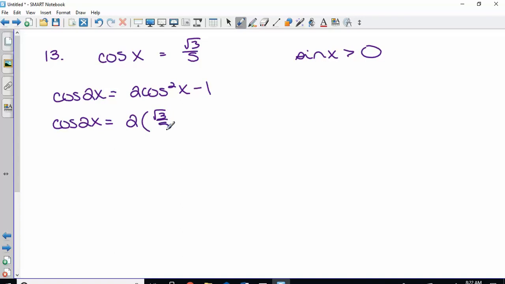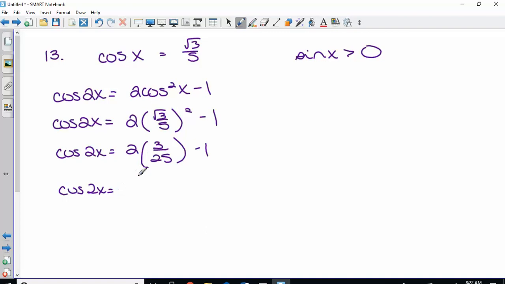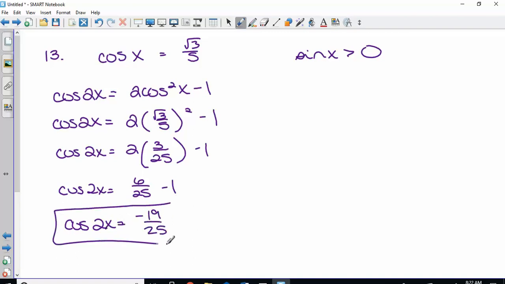So we have 2 cosine squared x, which just means you take the cosine of x and then square that answer. So radical 3 squared is 3. 5 squared is 25. So we get 6 over 25 minus 1, or negative 19 over 25.